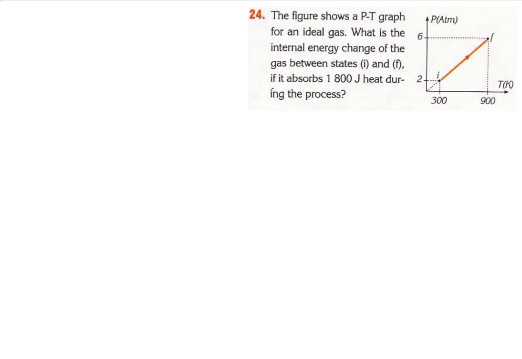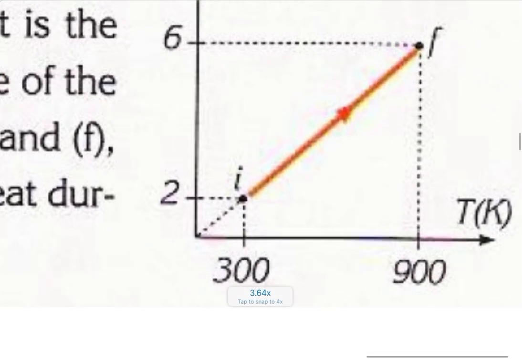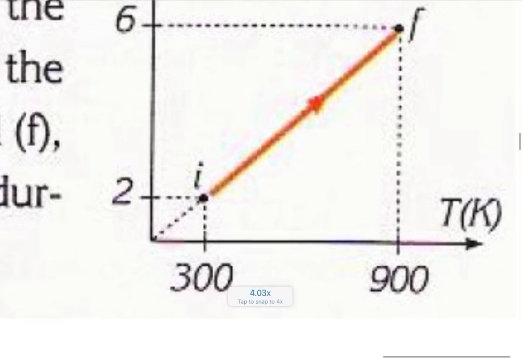24th question. The figure shows a PT graph, a pressure-temperature graph, for an ideal gas. What is the internal energy change of the gas between the states as it absorbs 1800 joules of heat during the process? One thing you need to know is that the extension of this line, as you can see, intersects the origin.